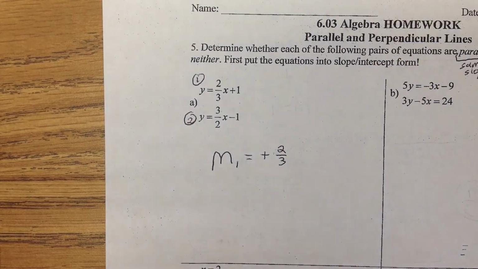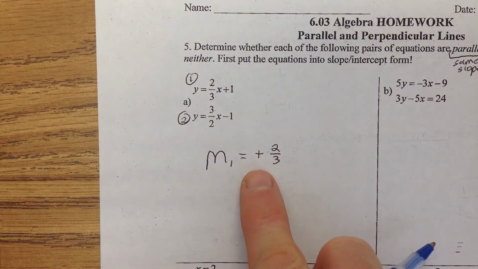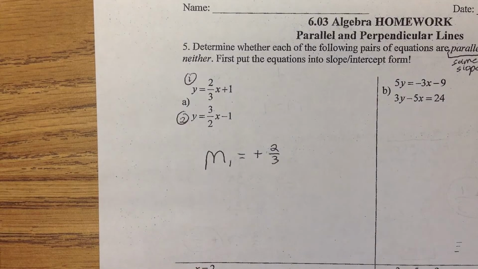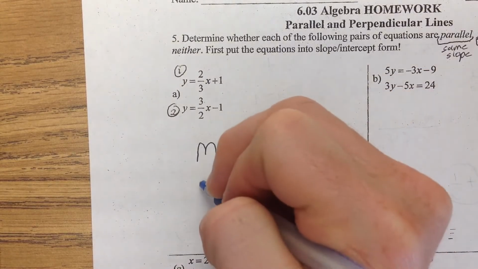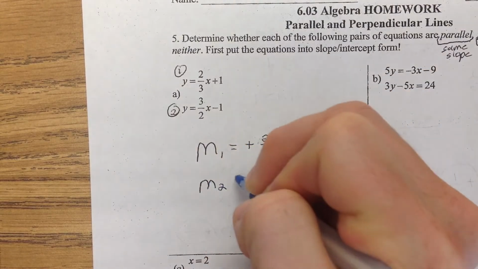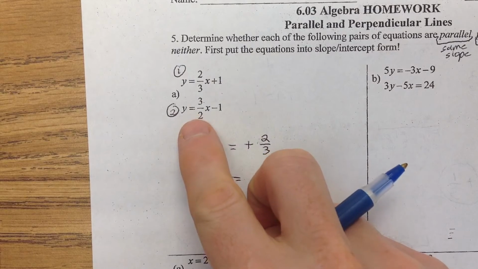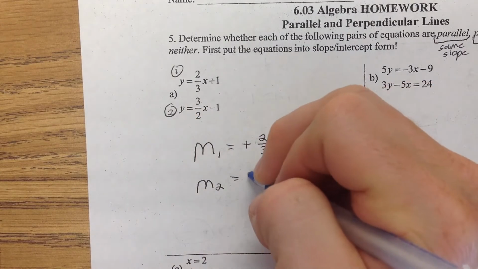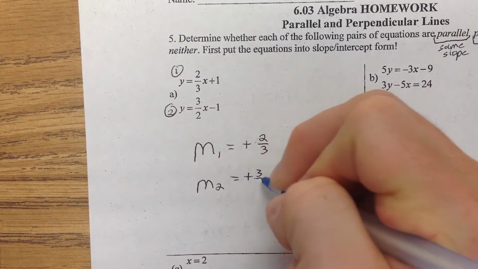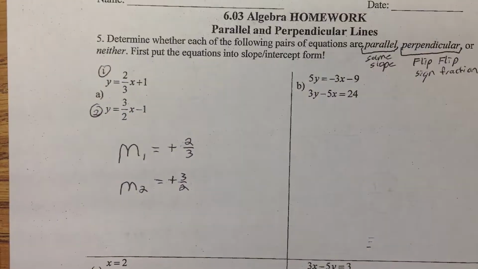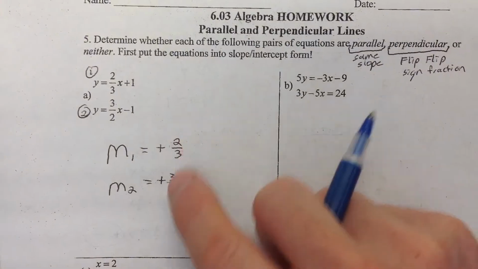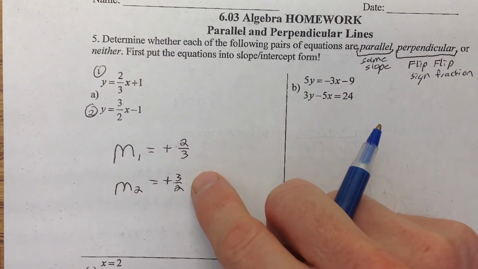All right, and I just like writing the positive sign in because when we're looking at did you flip the sign, did you flip the fraction, it's just easier if you have the visual of the positive sign. All right, and then if we do M2, that's going to be this 3/2 that's in front of the x, and again, that's a positive 3/2. All right, so if we look at these fractions, they're clearly not the same, so it can't be parallel.